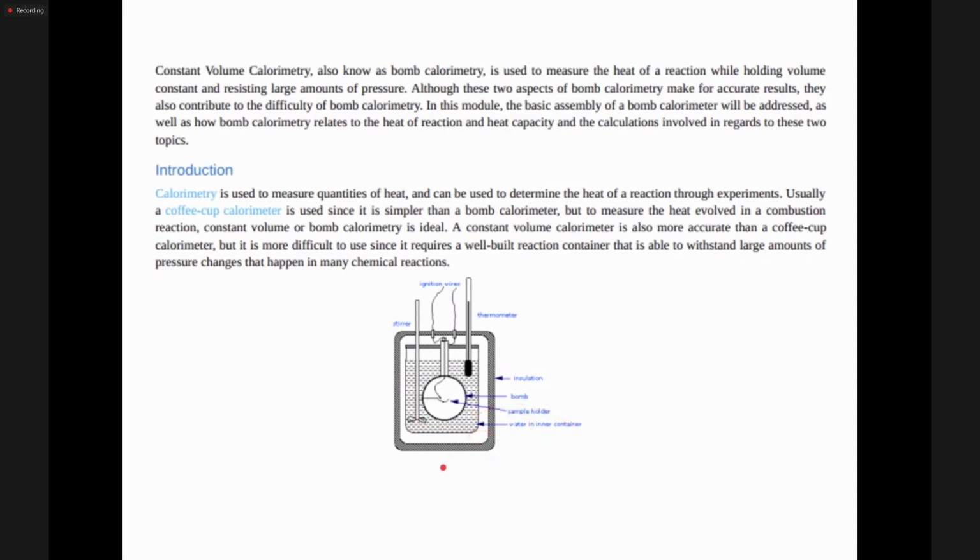So now we are able to calculate or determine the heat evolved through the process by measuring the changing temperature.